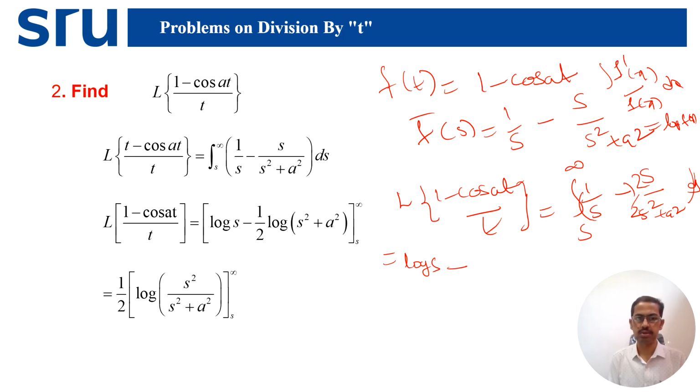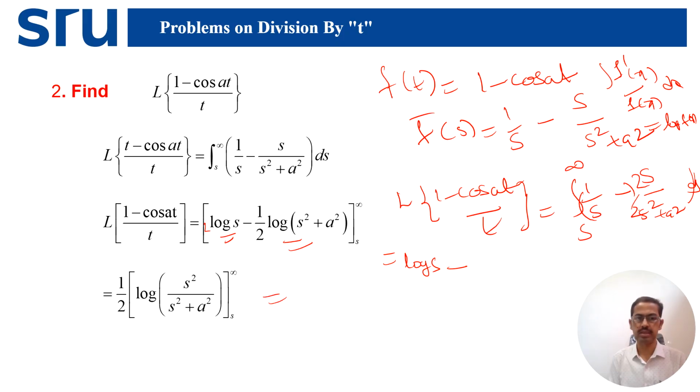So this is also log m minus log n, right? Here 1 by 2 take out. So this 2 goes to the power of s square, so log m minus log n is s square by s square plus a square whole square.